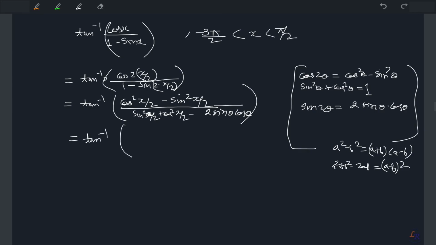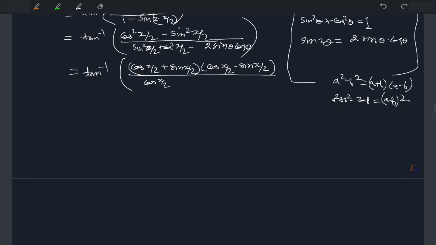So you can further normalize it. You can have this value written as cos x by 2 plus sin x by 2 into cos x by 2 minus sin x by 2, and here you can utilize this: cos x by 2 minus sin x by 2 whole square.